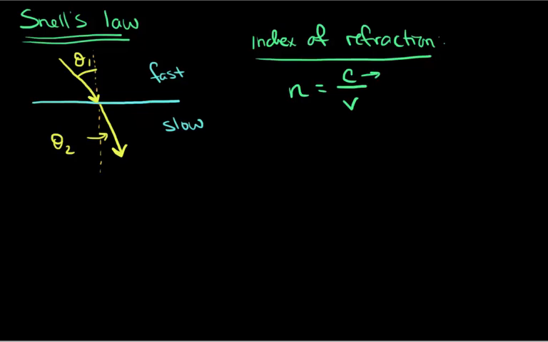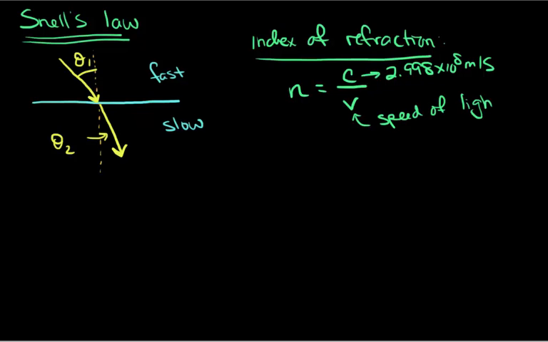So c is 2.998 times 10 to the 8th meters per second, and this is the speed of light in a vacuum, and it's pretty close to what the speed of light is in air as well. This v right here is the speed of light in the material.